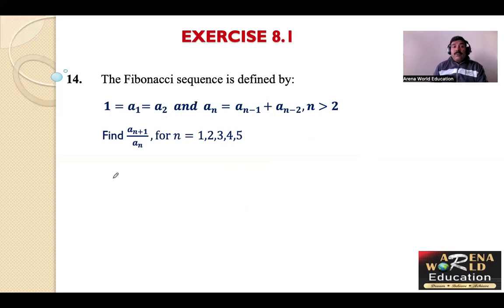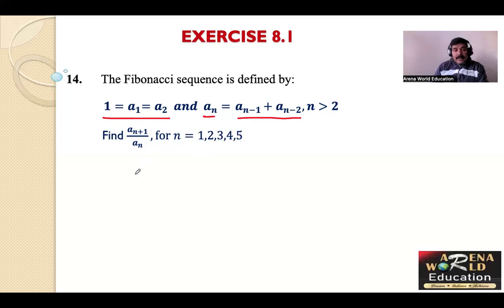So question number 14, here we have the Fibonacci sequence given. So what is the Fibonacci sequence? Here the third term is always the sum of the two previous terms, right? So here a1 and a2 are given, and it is given that an is equal to an minus 1 plus an minus 2, to find an plus 1 divided by an.